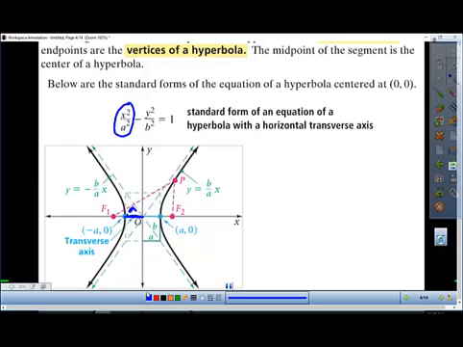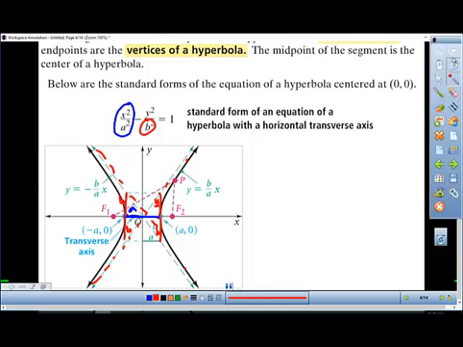Now the distance from right here up, that's if I took the square root of this. I'm going to do it down there as well. I'm going to go a distance out to this point, and then I'm going to go up b, down b. And once you have that, then you draw these two diagonals, and that's how we graph our equation.